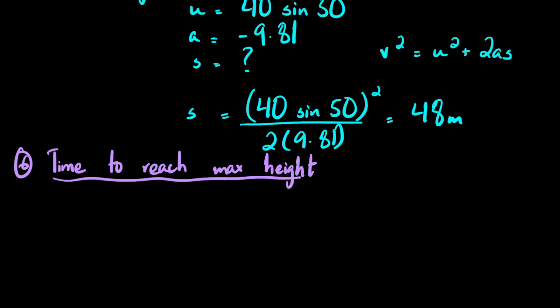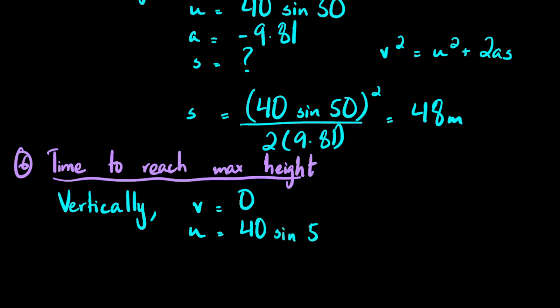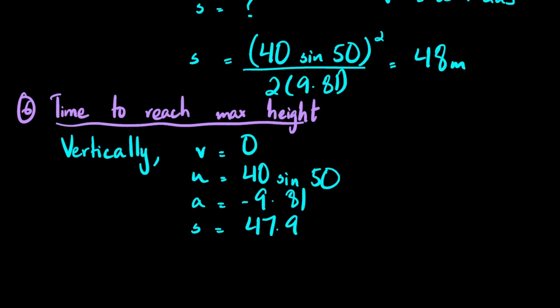And what I mean by this is vertically again, because we're talking about the maximum height, vertically we know that the final velocity must be 0, initial velocity must be 40 sine 50, a must be negative 9.81. We've also found s as 47.9 meters, and the only thing which is now left for us to find is the fifth variable, which is time.